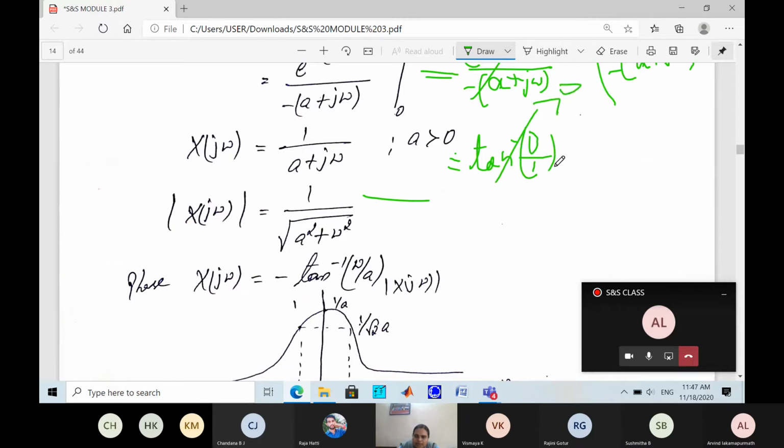When it is the denominator part, you have to take minus tan inverse of, for the denominator part, omega imaginary divided by real, right? So this will be 0, means minus tan inverse of omega by a, you will be getting as the phase.